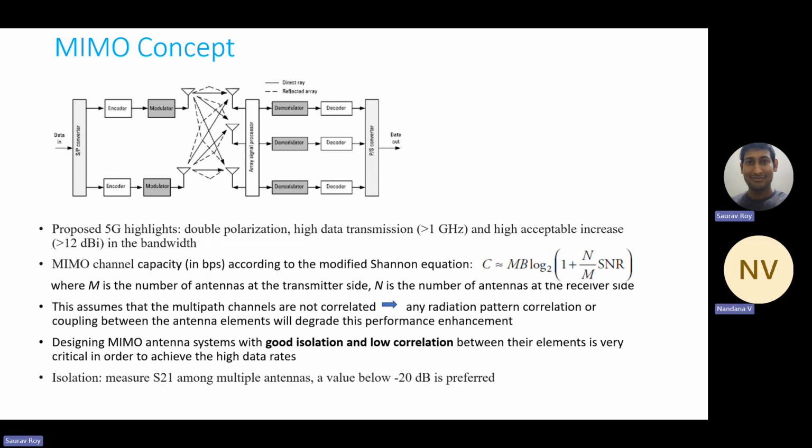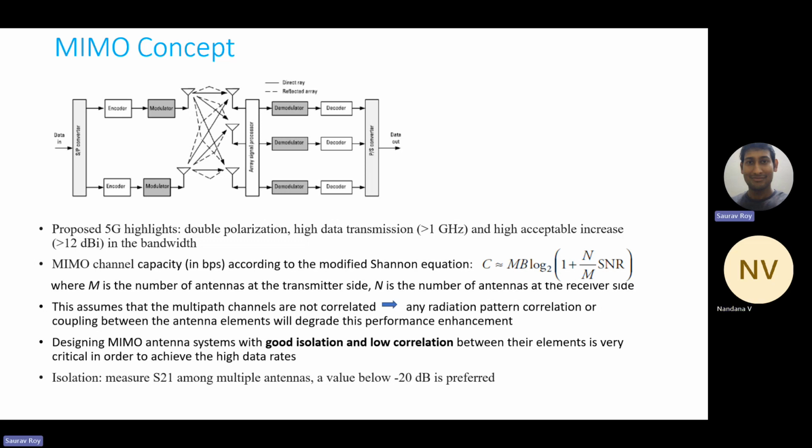Correlation is like this: if you are sending different data streams and both look the same, the diversity is gone, right? We want different data so that we can get better decoding or reduce the bit error rate. So one vital thing is that the correlation of these data streams should be reduced.